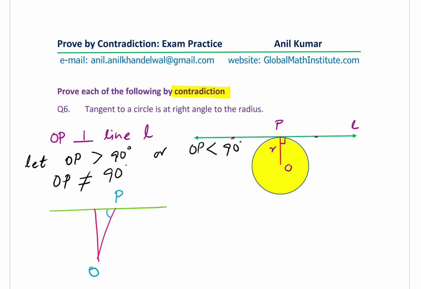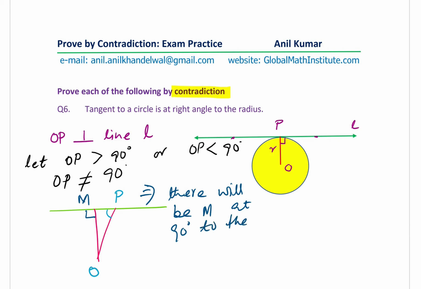So in that case, there will be some point M which will be at 90 degrees to the line, right?